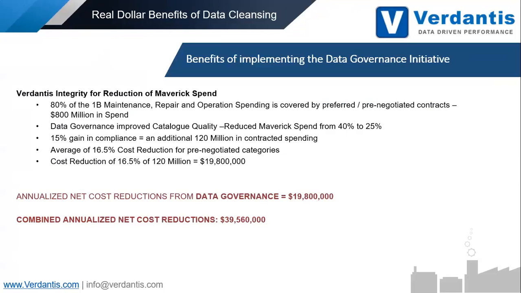So the total project for the steel company realized a combined cost saving between data cleansing and governance of close to $40 million. So that's a pretty good ROI right there, just in these three buckets. And there are ancillary savings in other areas, but they did not choose to quantify those.